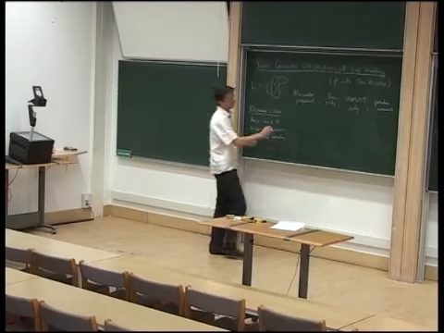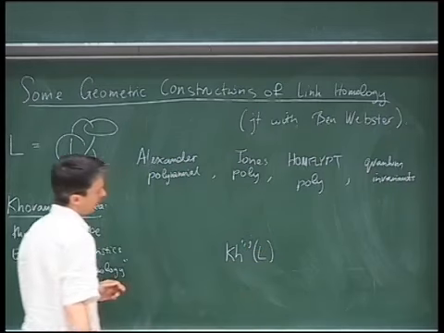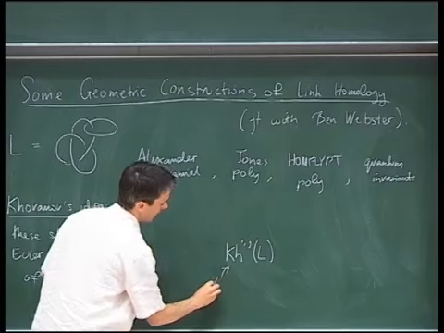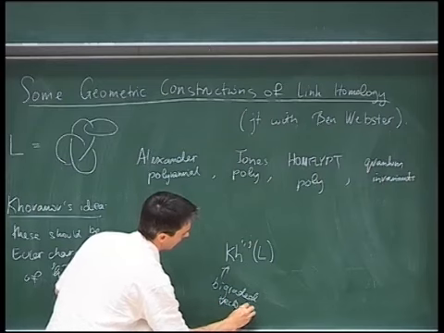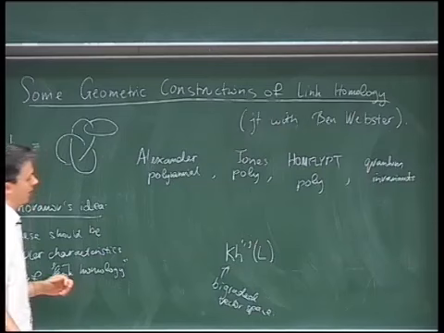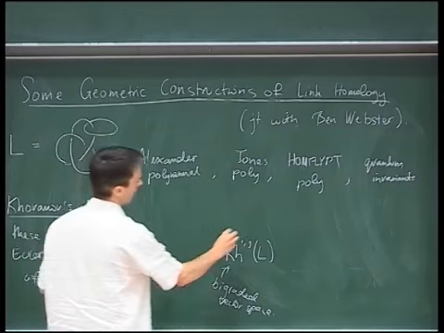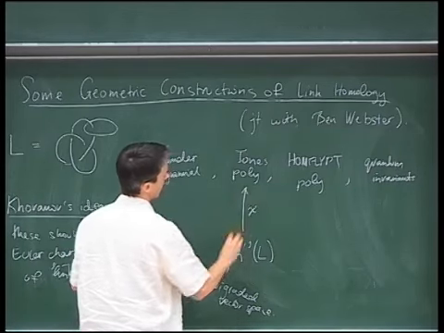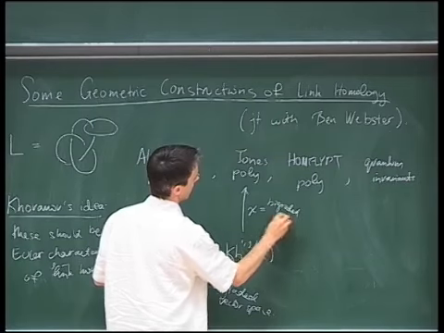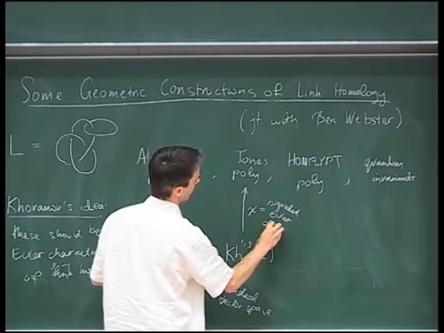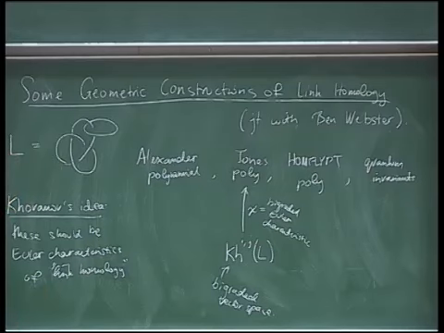So the first example was Khovanov homology. Here you have a bi-graded vector space, such that taking a bi-graded Euler characteristic in one direction yields things that we already know.